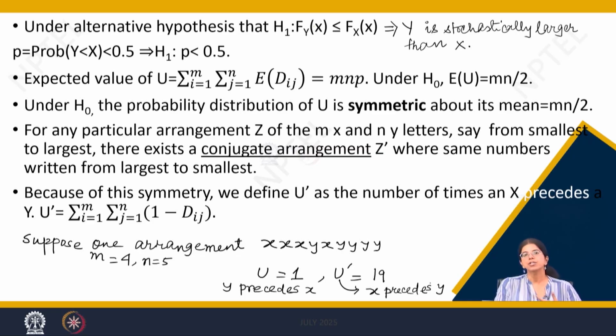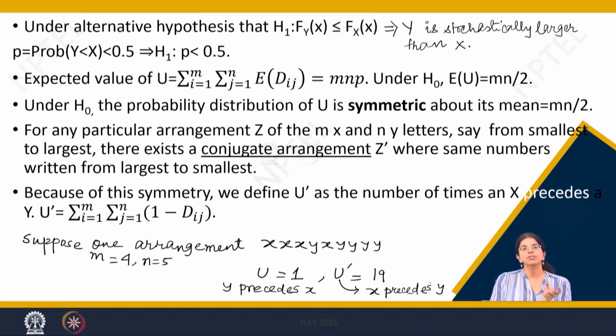Remember, I told you that for a linear rank statistic, if the rank statistic satisfies one condition, then it will be symmetric, and that condition was mentioned in our lecture on linear rank statistics. U satisfies that condition, related to the score variable.